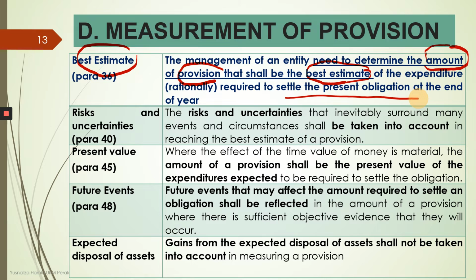The remaining 4 you can read on your own, but our focus will be more on the first one. But of course, as you determine, you need to also look at the risks, what are the present value, future event, and also if there is any other effect of gains to the measuring of provision.